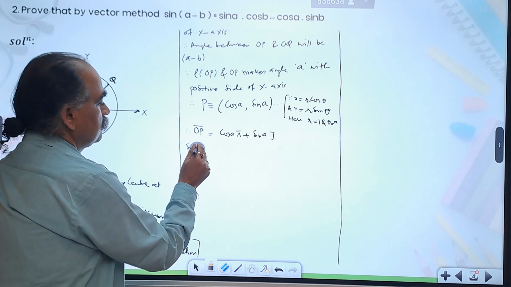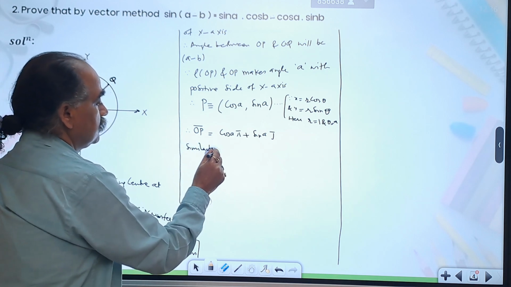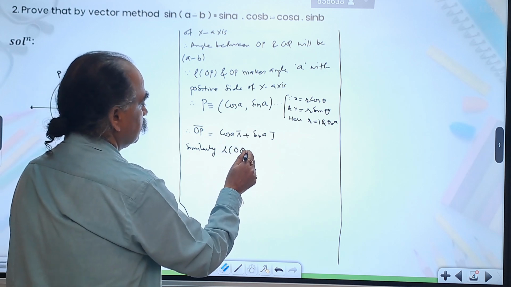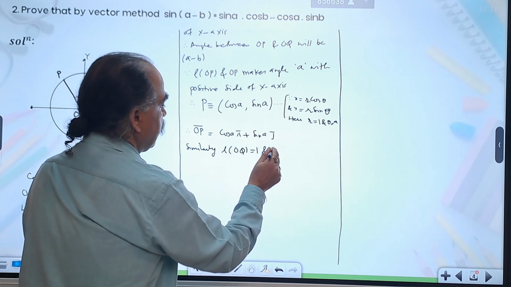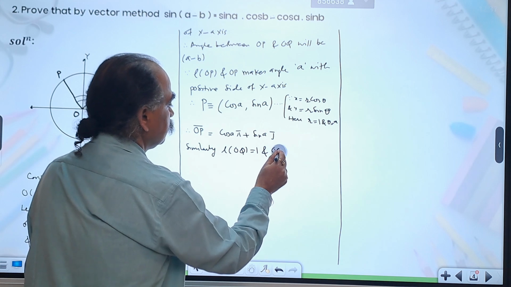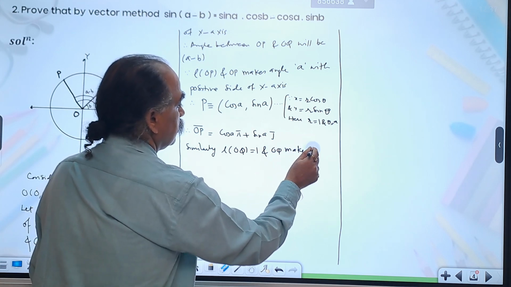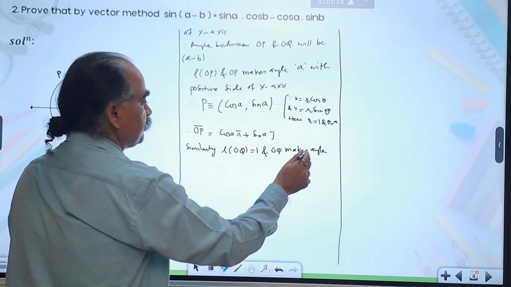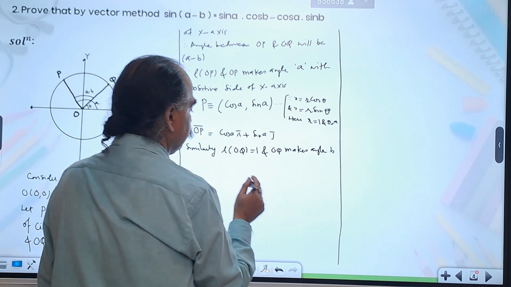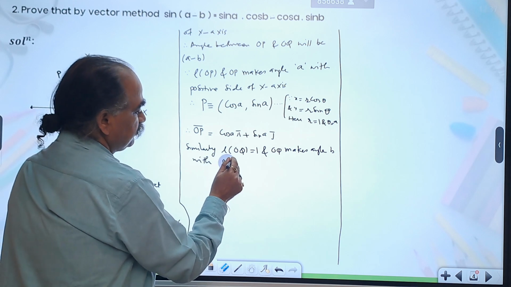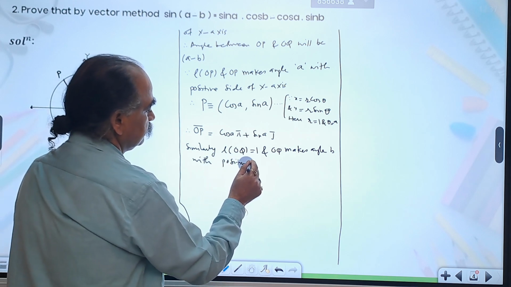Similarly, length OQ is 1, and OQ makes angle B with positive side of x-axis.